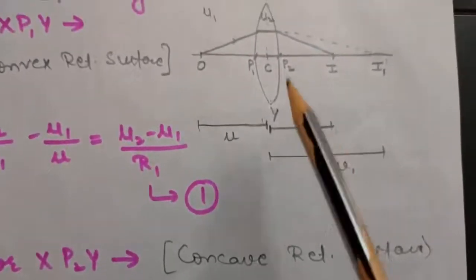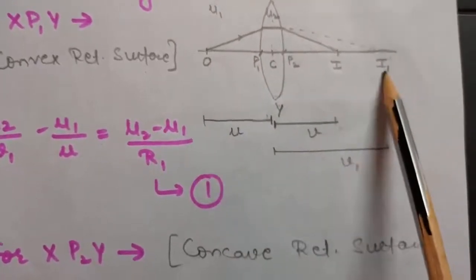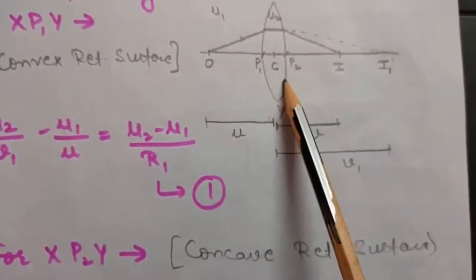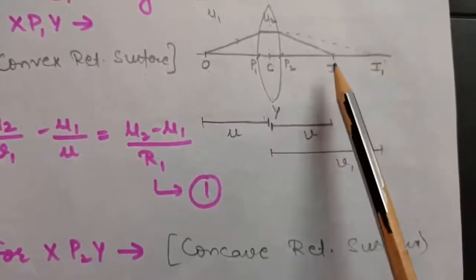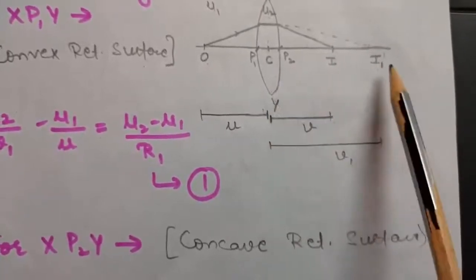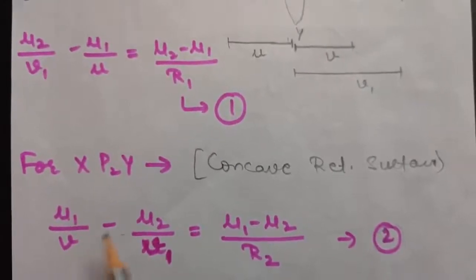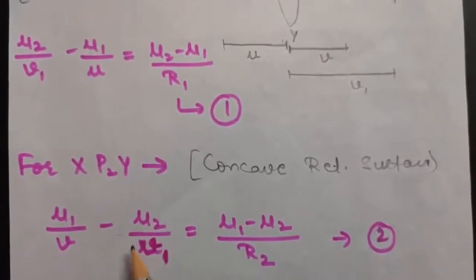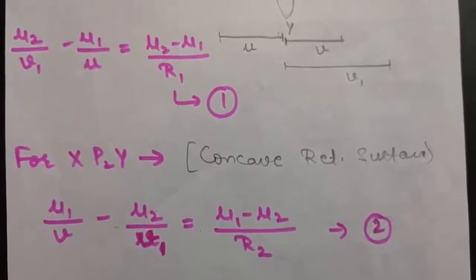Now clearly understand here, for the first surface, this was the object, this was the image. Now for this surface, this image will act as an object and this will be the image. So for this surface, object will be at a distance of v1. Therefore mu1 upon v minus mu2 upon v1 is equal to mu1 minus mu2 upon r2.